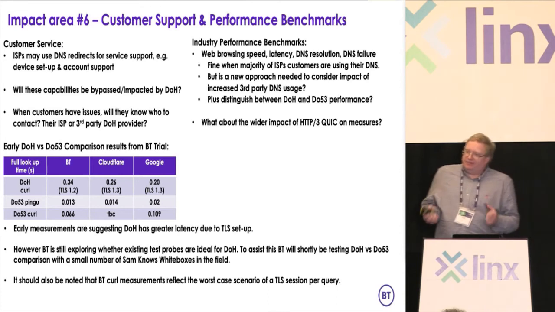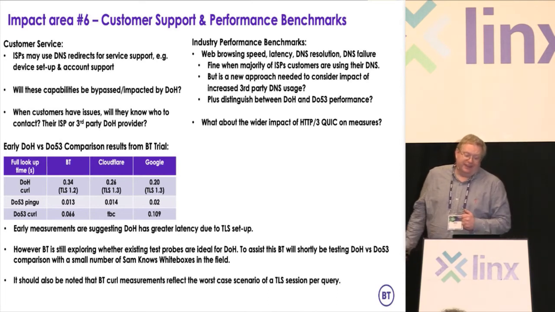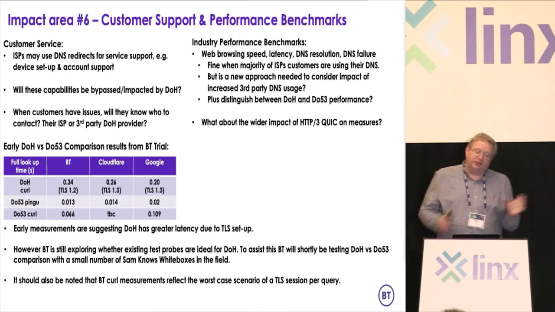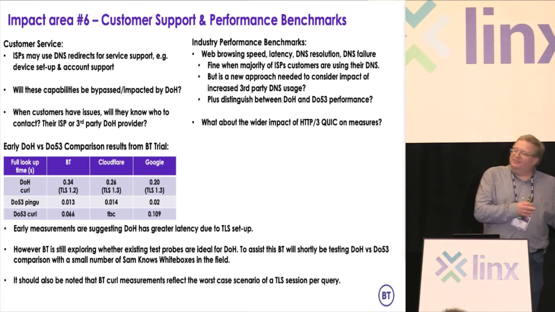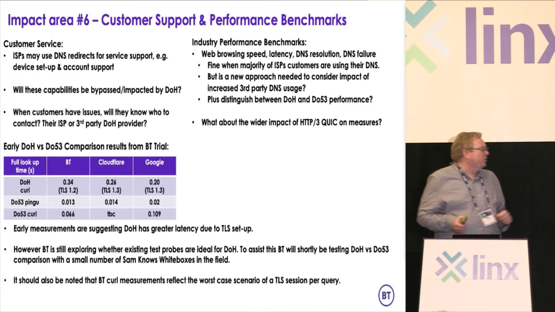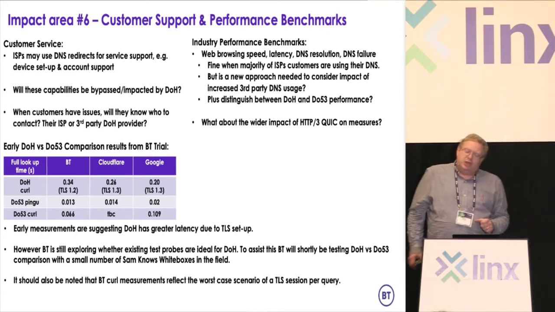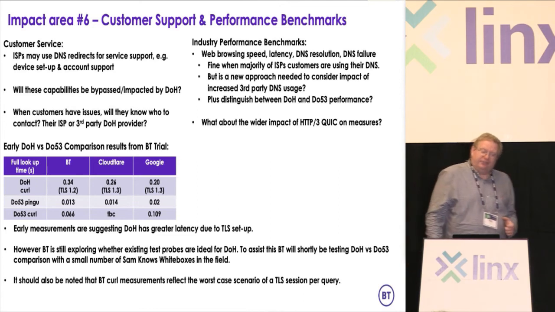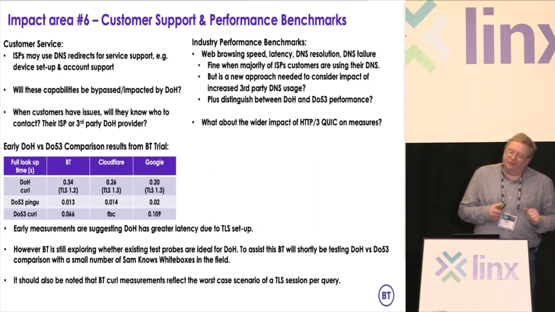But do we need a new approach here if a larger number of customers are using third-party DNS? Also, do we need to break out and distinguish between DNS over HTTPS and DNS over 53 performance? Also, if we've got the bonnet open looking at this, should we also consider the wider impact of HTTP/3 and QUIC on these performance metrics?